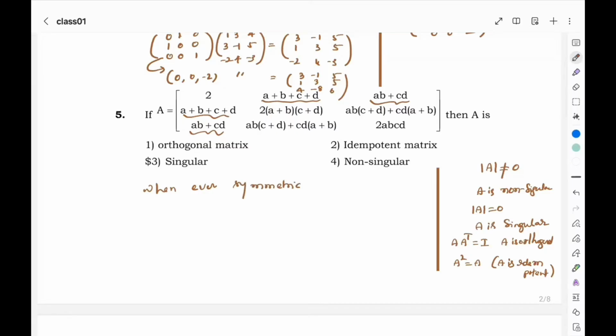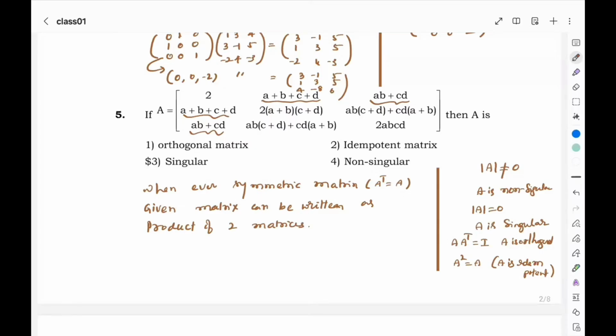Symmetric matrix means A transpose is A. The given matrix can be written as a product of two matrices.